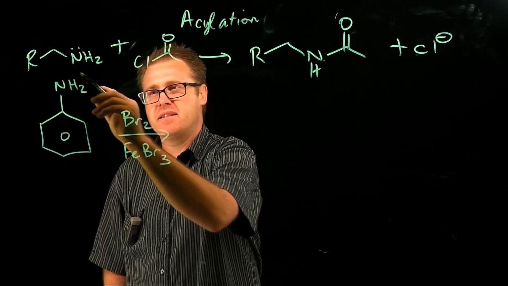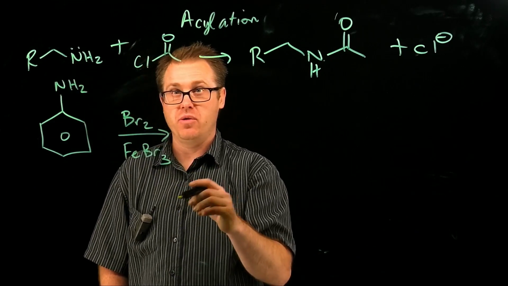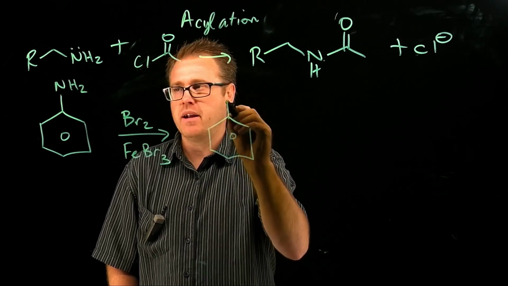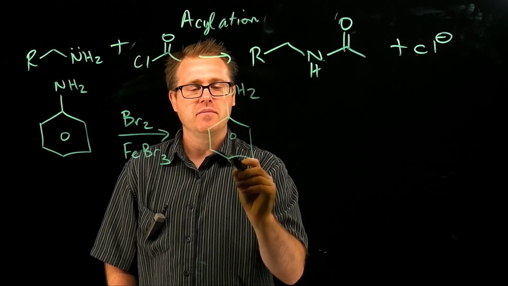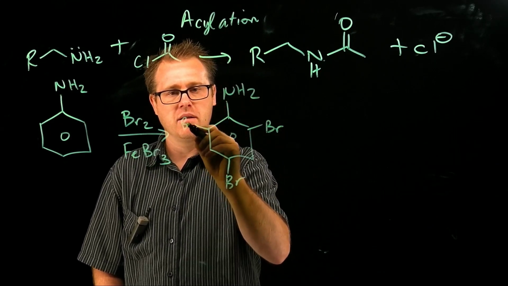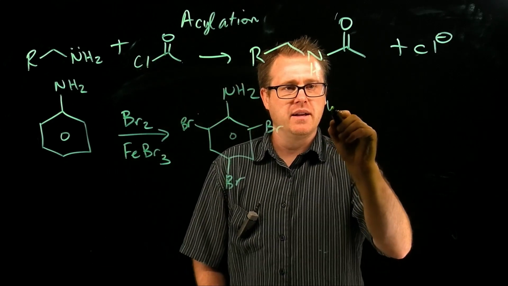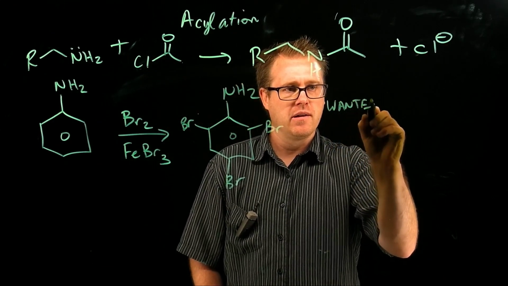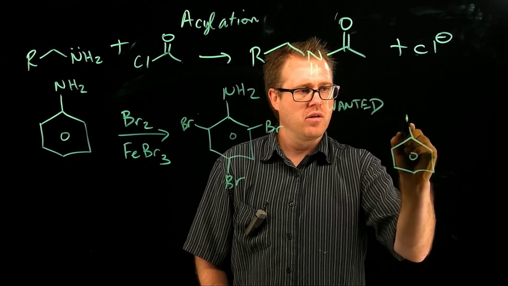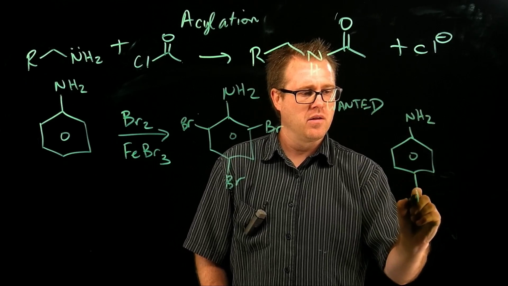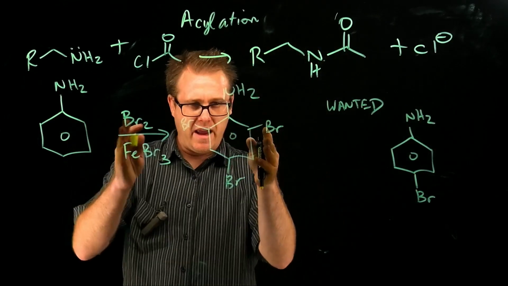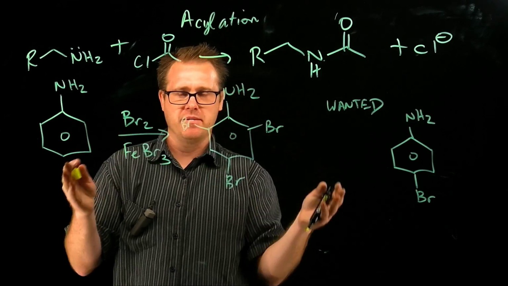This is an activator, so it's going to be really, really reactive, and you are going to generate this. But we wanted this compound. So this is a problem. So how can we circumvent that problem?